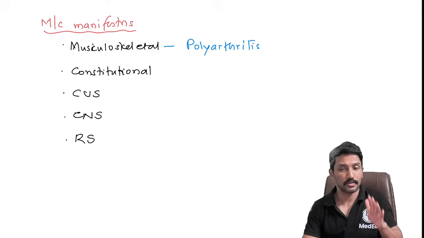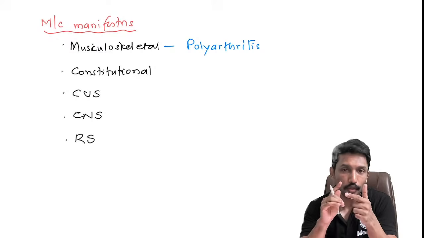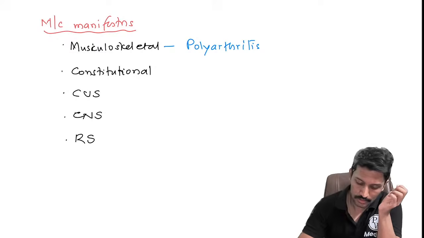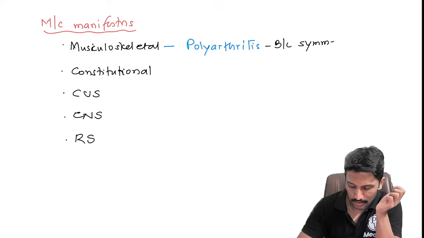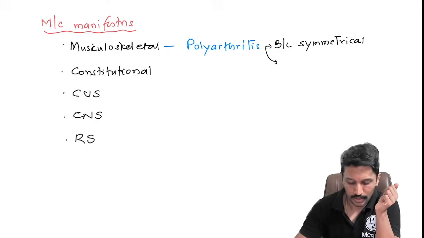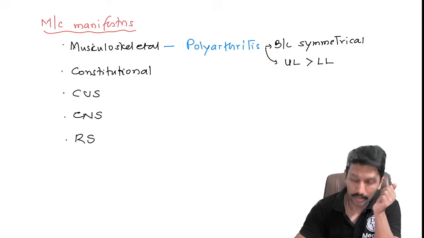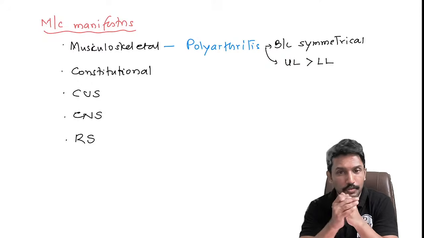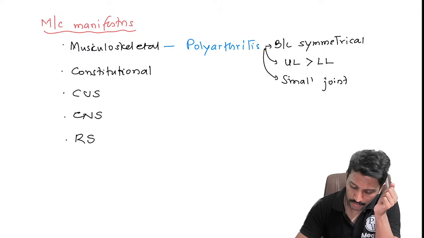So how is the arthritis of SLE different? That is going to be another MCQ template. In rheumatoid arthritis, the polyarthritis is bilaterally symmetrical, and so it is here in SLE also. So no difference between rheumatoid and this. It affects upper limb more than the lower limb. In rheumatoid arthritis also same. It affects small joints more than large joints. Rheumatoid arthritis also same.